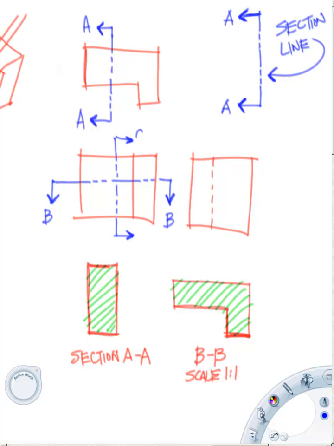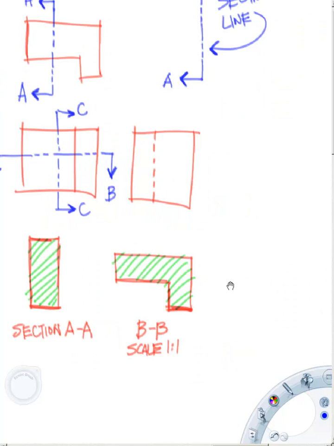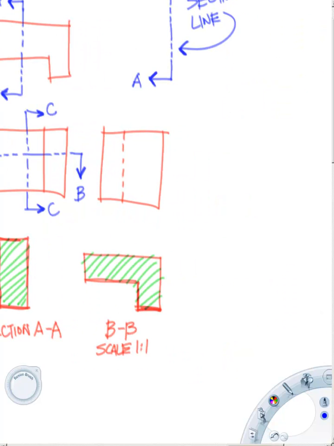There is section CC, and the result for CC, if you want to do it before I do it, go ahead and pause the video. But section CC will look kind of like this. Actually, a little bit thicker than that.